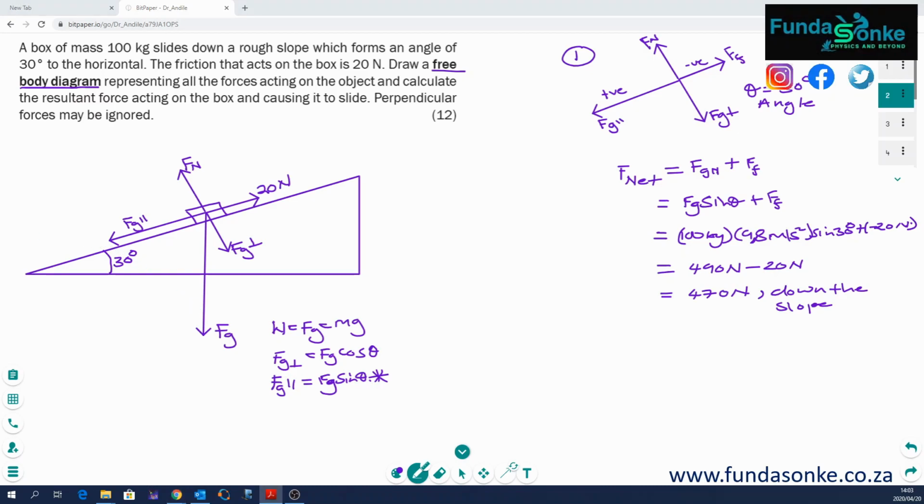Okay, so we're done with our first question. We're able to calculate the resultant force, or the net force, and we're also able to draw the free body diagram. Now, our next question.